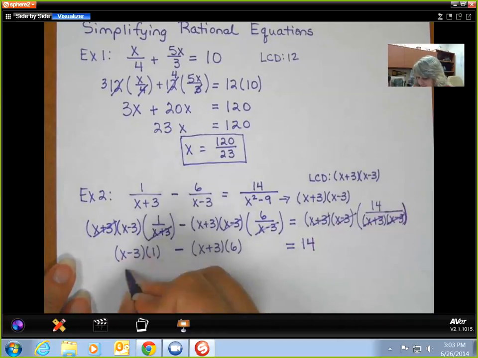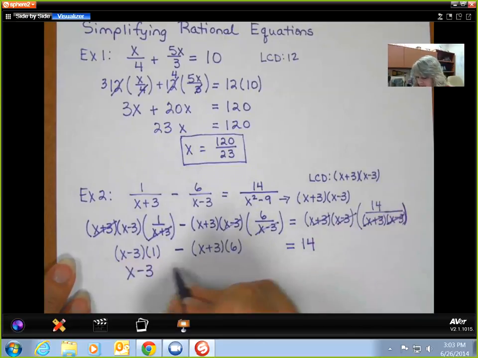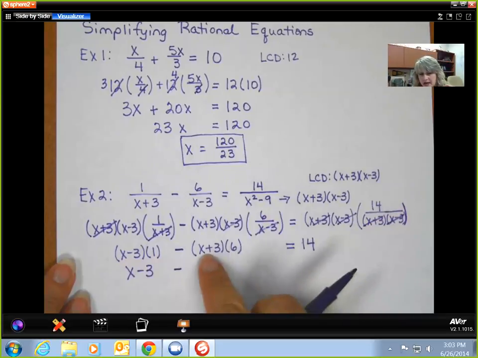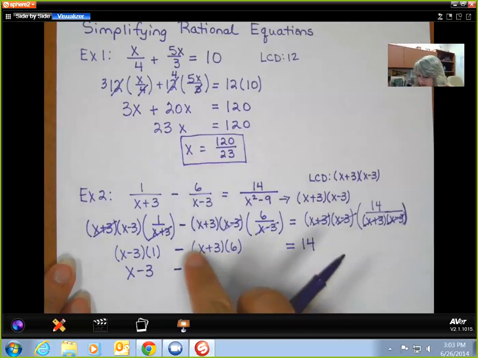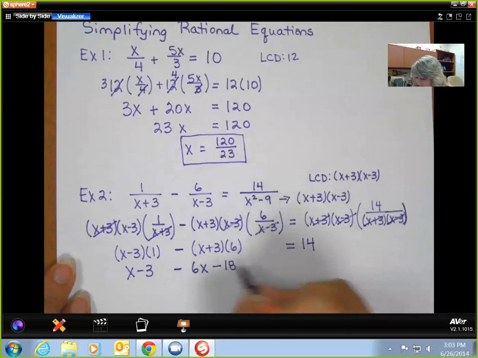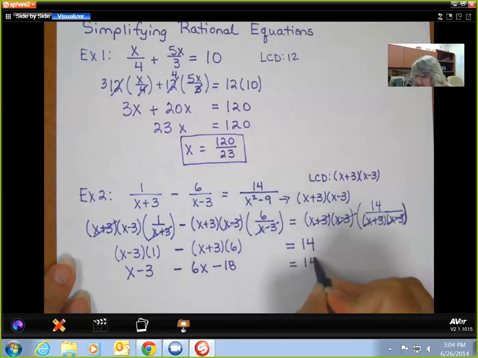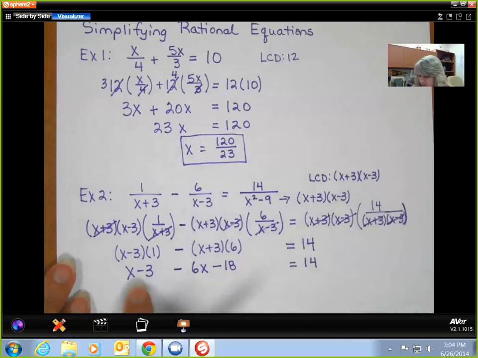Okay, now let's simplify this. We're going to have x minus 3. Now, when we subtract this, think about this is 6 times x, and we're subtracting it, so we have minus 6x. And we have 6 times 3 is 18, but we're subtracting, so it'll be minus 18 equals 14. All right, we're going to put our x's together. 1x minus 6x is negative 5x.